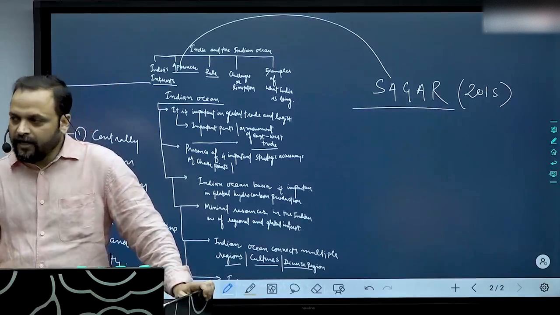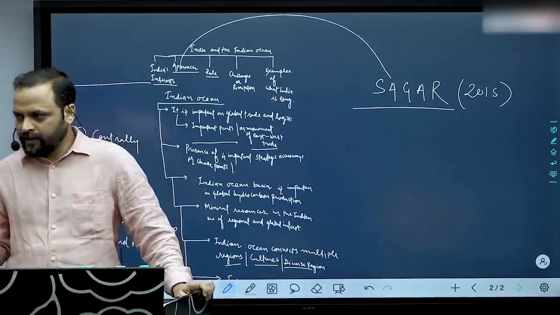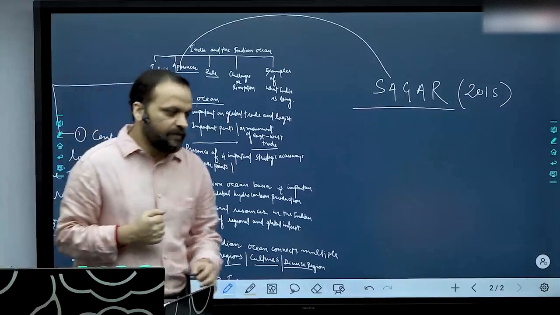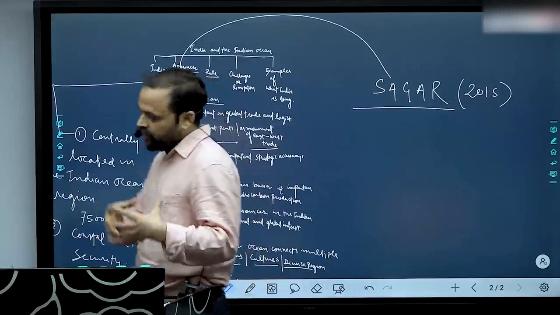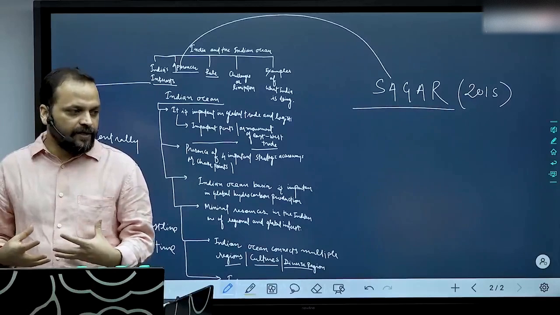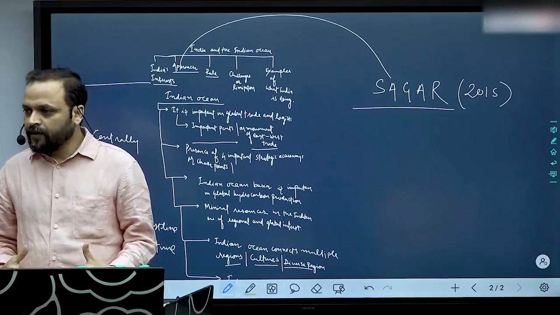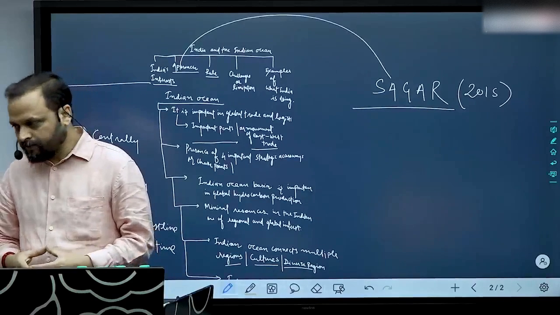So that is how India articulated its interest in the Cold War period, in the context of what was happening at that point in time. That the Indian Ocean remain free of external influence, meaning it does not become a theater of great power politics, and thereby the idea of the Indian Ocean being a zone of peace. That is what India stood for.